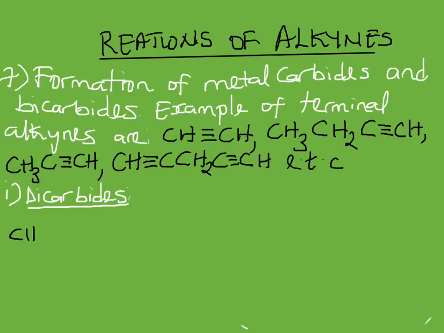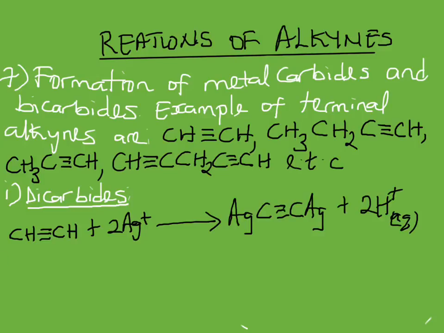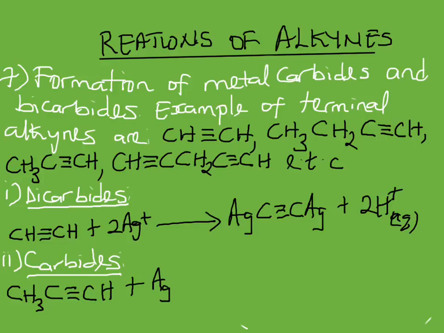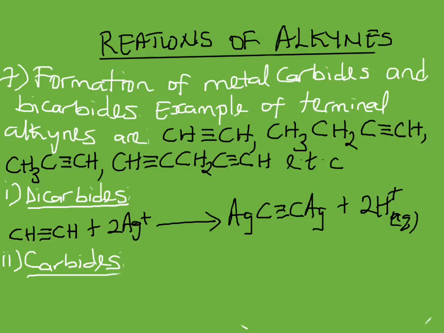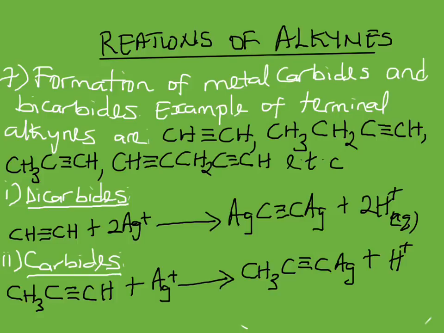And when this is heated, a reddish brown precipitate of copper 1 dicarbide or a white precipitate of silver 1 dicarbide is formed, like you can see on your screen there.